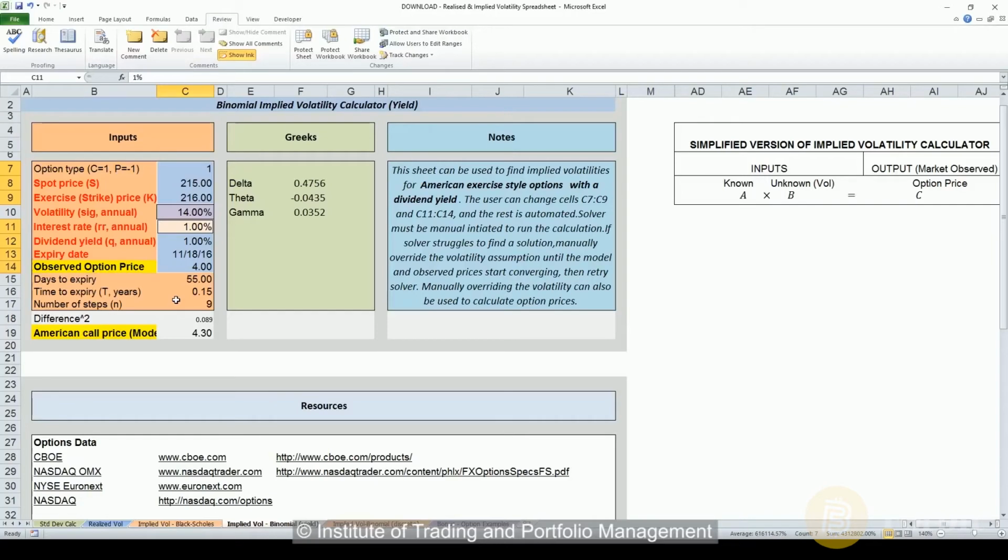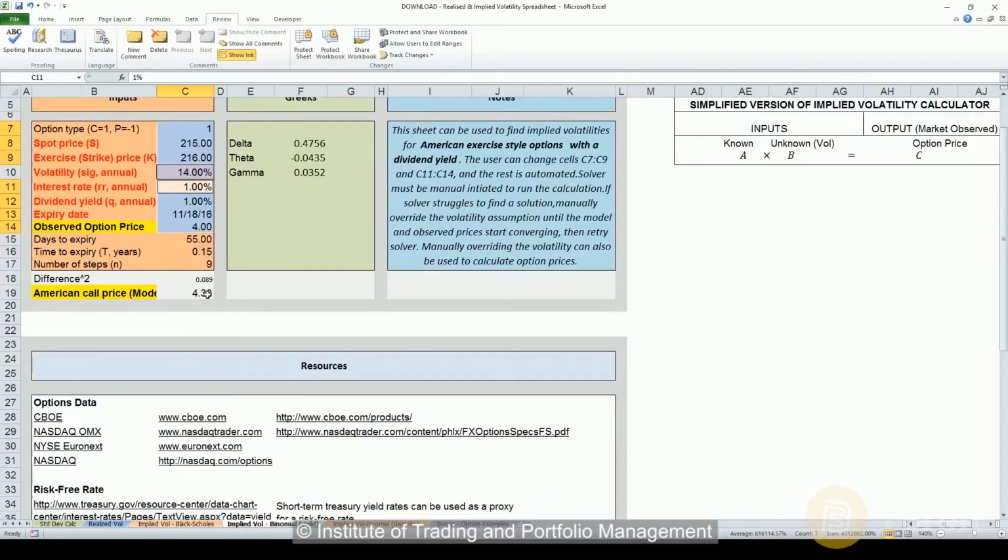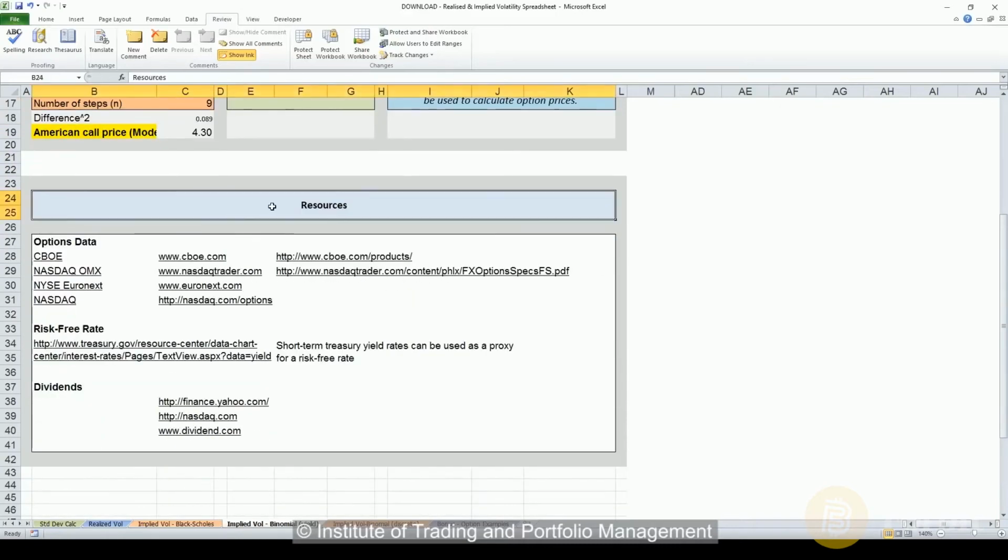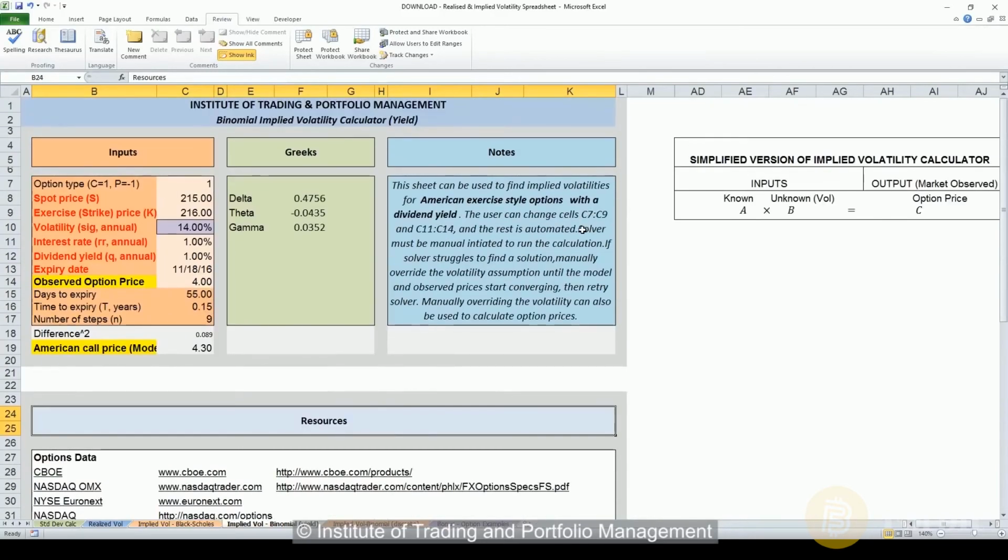So they all look very similar. And what you'll find at the bottom of each sheet is a bunch of resources, which I'm going to go through an example of shortly, but basically these resources will allow you to find the inputs that you need to then back out the implied volatility.